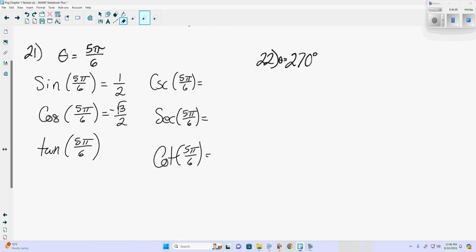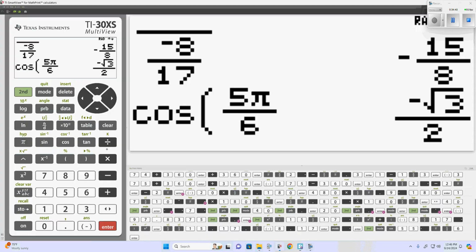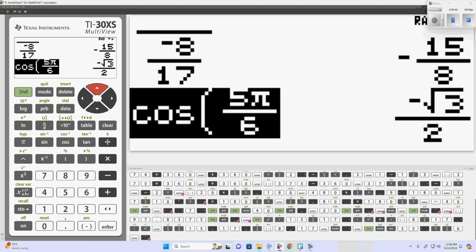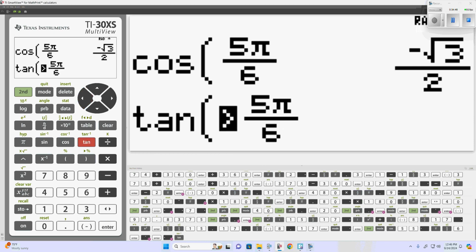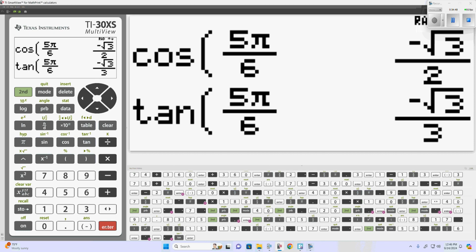Now for these here, I would definitely be using the 30xs because the 84 plus the graphing calculator is going to want to approximate the square root of 3. And do the same thing for tangent.